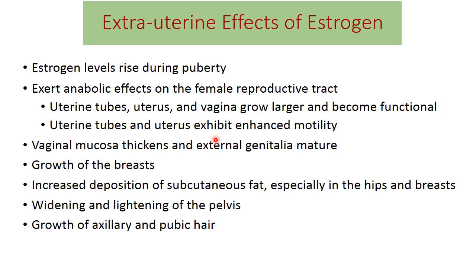The vaginal mucosa will thicken, and the external genitalia will also mature due to the effects of estrogen. Increased size of the breasts, increased deposition of subcutaneous fat, especially in the hips and the breasts of the female, will be stimulated by estrogen, as well as widening and lightening of the pelvis and growth of axillary and pubic hair.